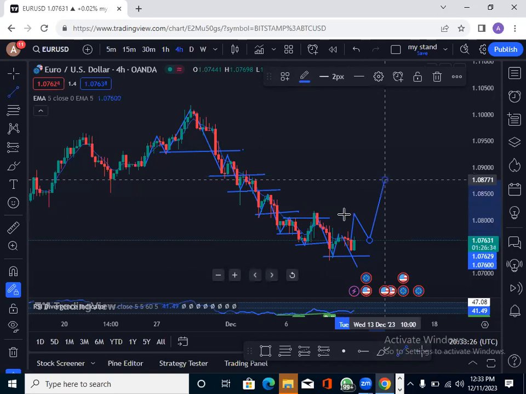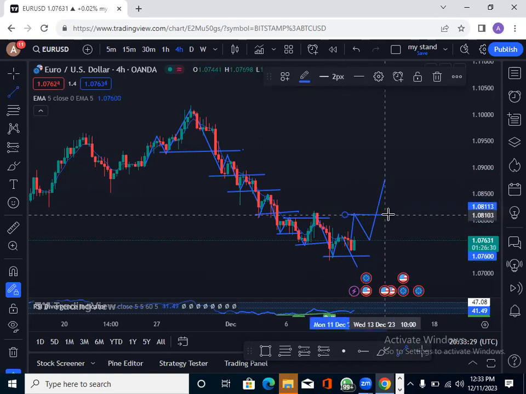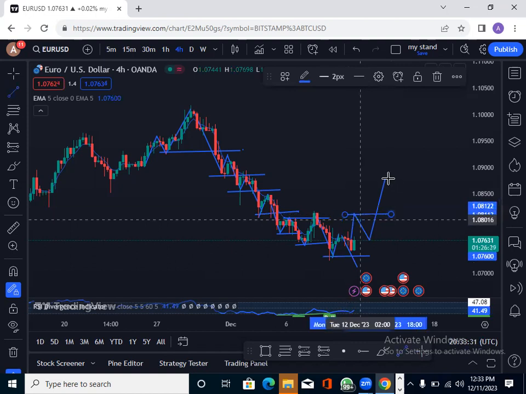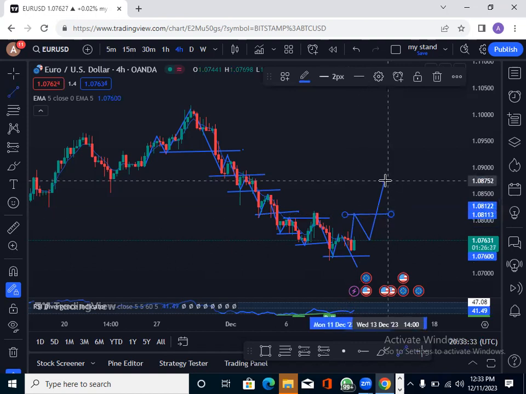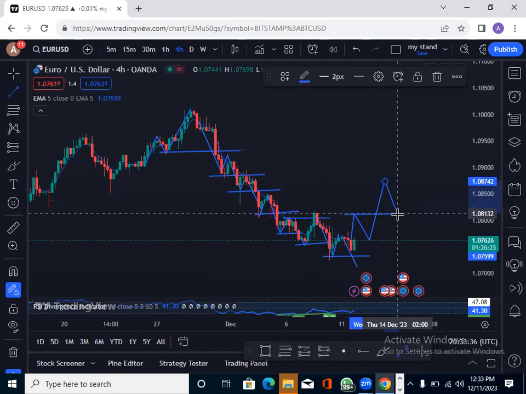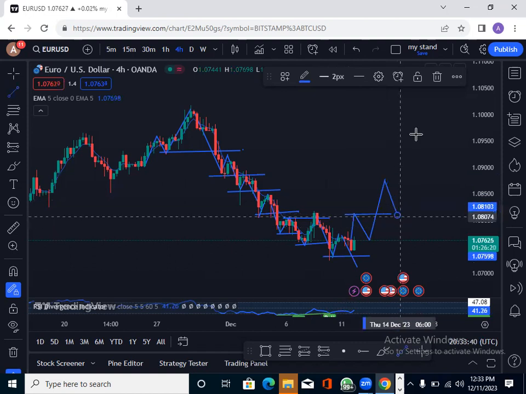At this point, it has broken this high, giving you a higher high. That means it has confirmed the direction that is going up. When it comes back down to this zone, then you can enter your buy from here, for the market to keep going up.